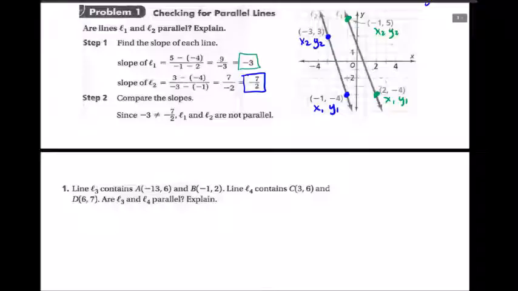No. Because those numbers or slopes are not equal, the lines are not parallel. That's worthy of red. Those are not equal. Your lines are not parallel. So even though they look parallel, they're not. They are eventually going to cross somewhere because our slopes must be equal for lines to be parallel.